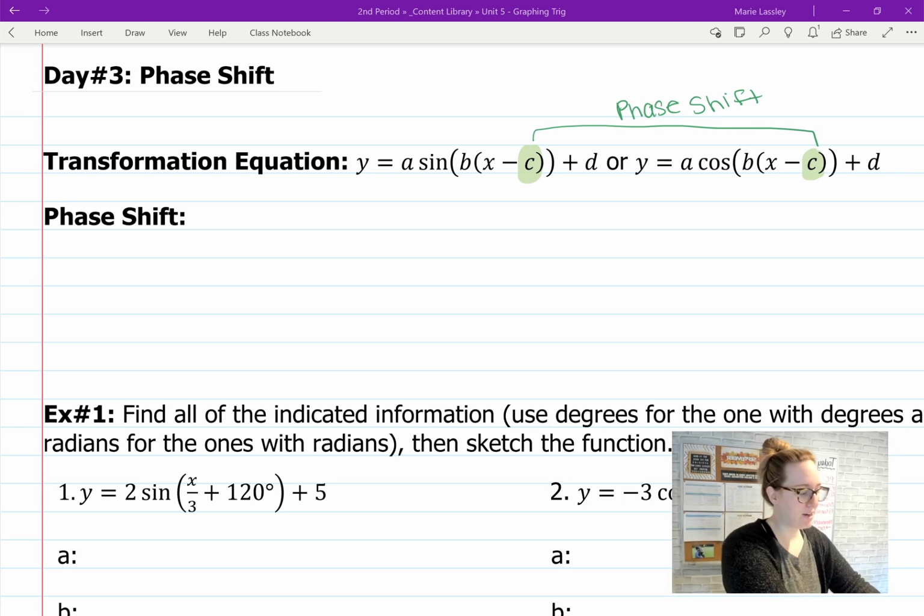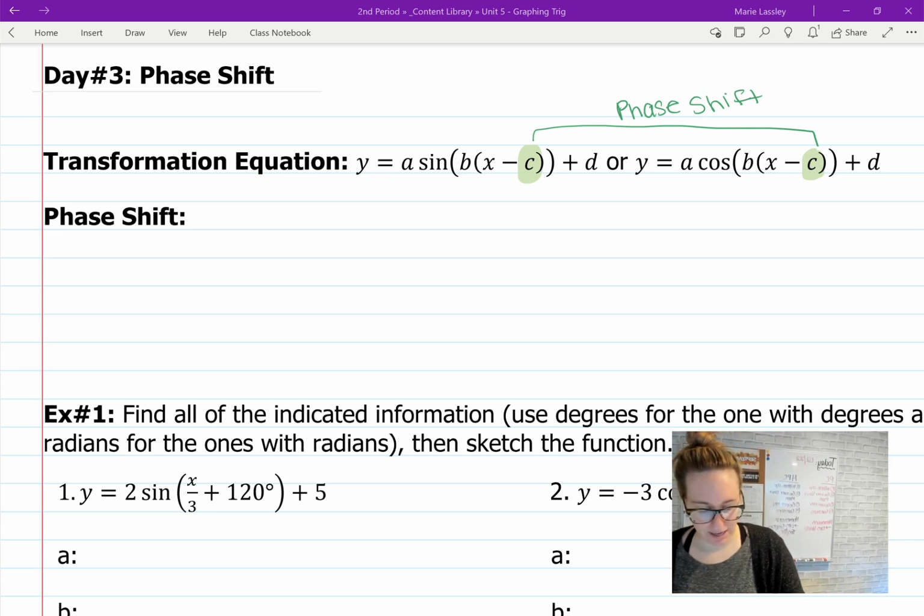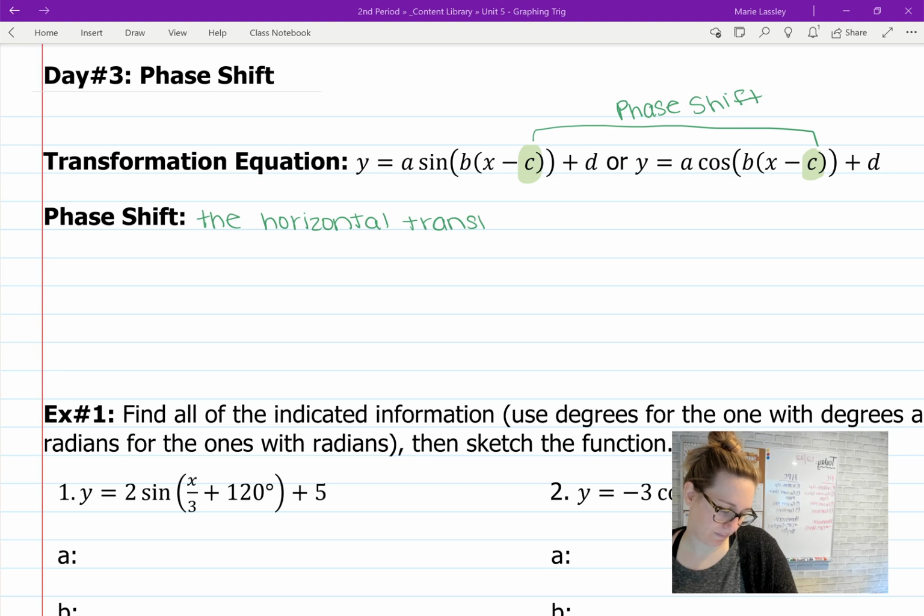So our phase shift, we'll just write it down, defining what it is. Our phase shift is the horizontal translation, or shift, left or right along the x-axis.